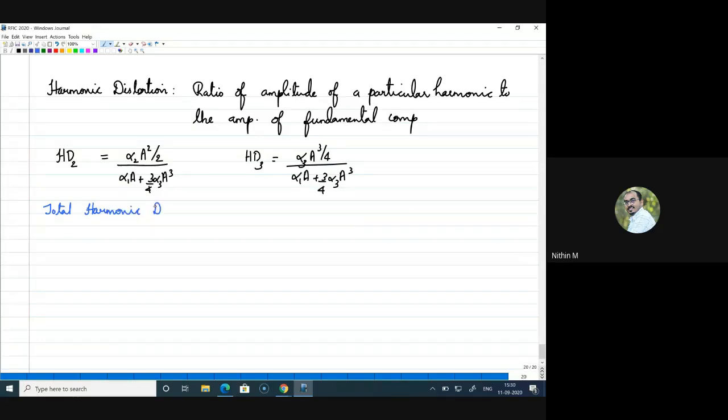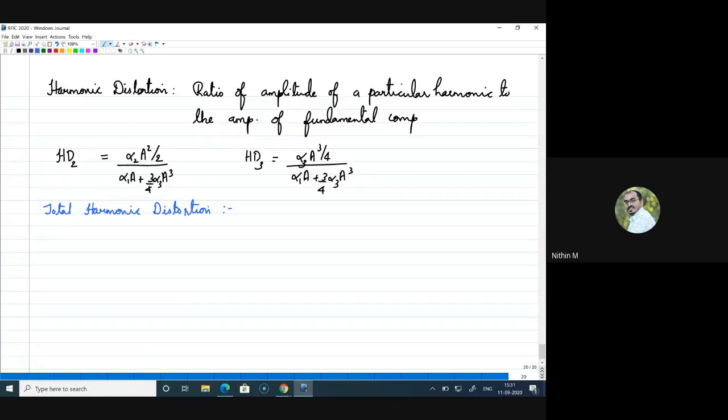This specification is something we see even in the data sheet; if we are designing an amplifier, definitely this total harmonic distortion will be mentioned. That is a very detailed spec. So how can we write total harmonic distortion? We sum the power of all the harmonics, and we normalize that result to the power of the fundamental.